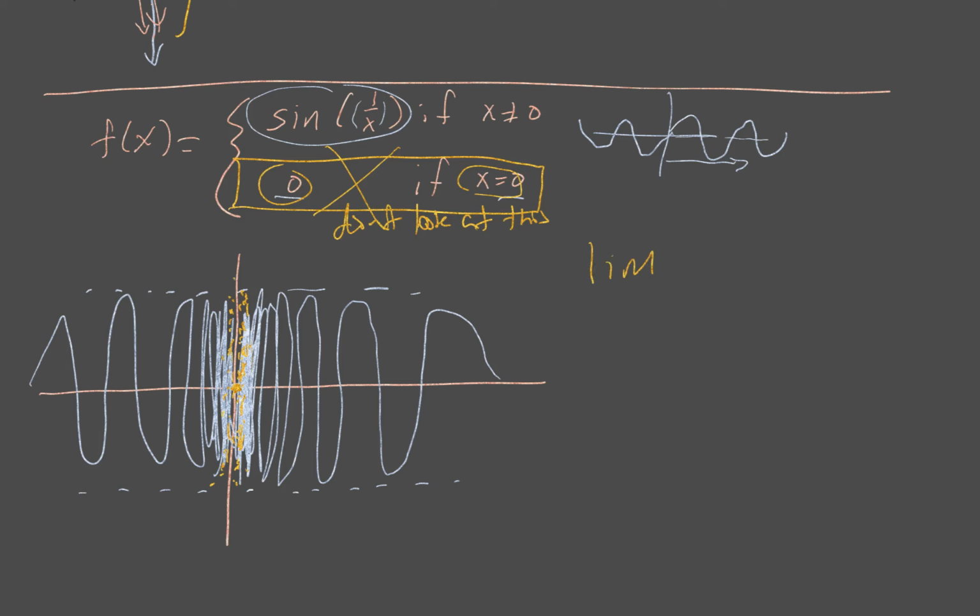So this limit, as x goes to 0, of this f of x does not exist because all of this oscillation's happening and there's no one specific output that things are getting close to. All of these outputs could be anywhere between -1 and +1. So the limit does not exist because this oscillation's happening. Okay. So those are the three graphical ways that limits might not exist.